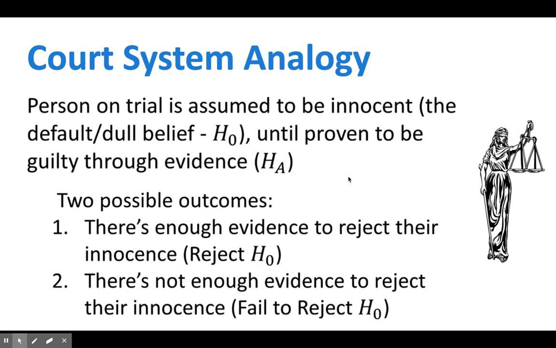When you are stating your decision from a hypothesis test, you never accept a hypothesis. You either reject the null or you fail to reject the null. That's going to be really particular wording, but that's the accepted statistical way of stating your decisions from a hypothesis test. You either reject the null or you fail to reject the null.